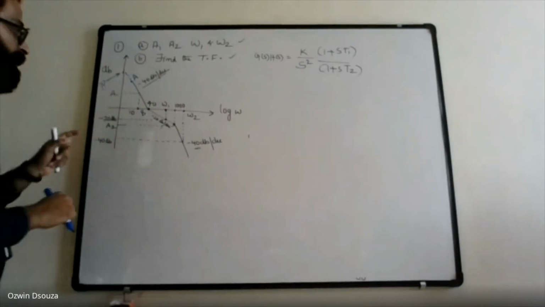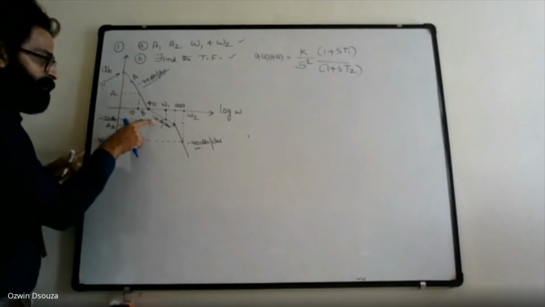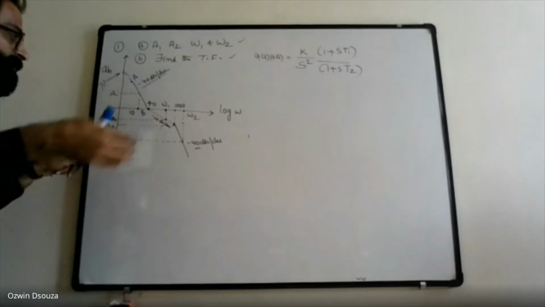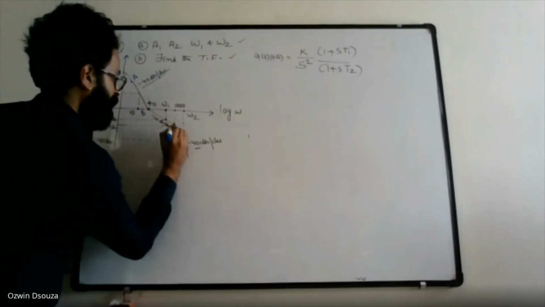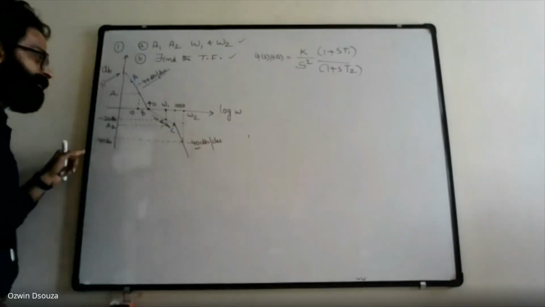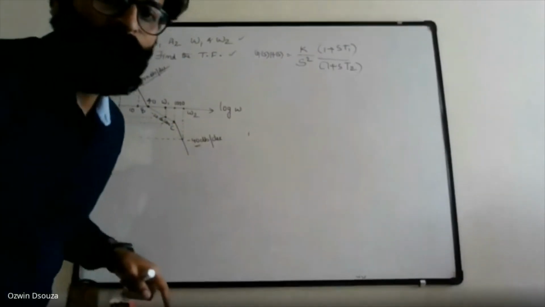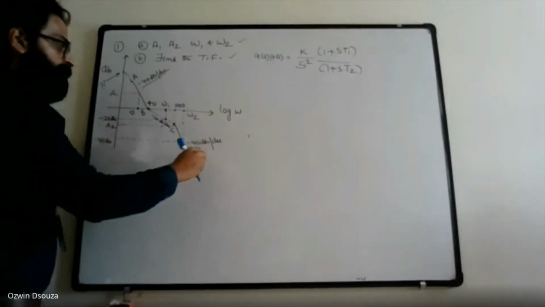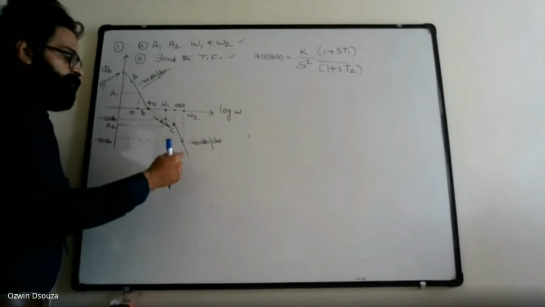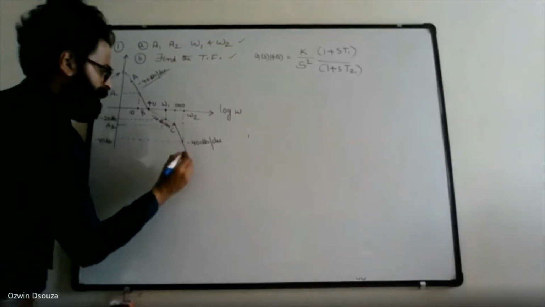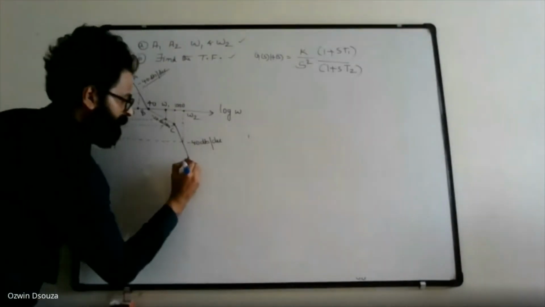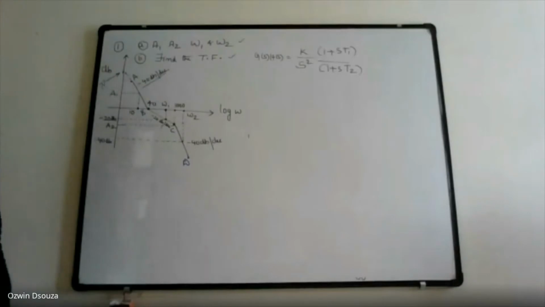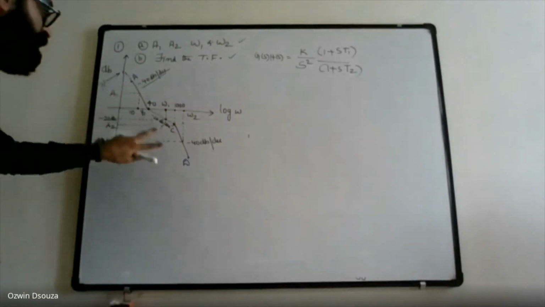Then I have a slope of minus 20 decibel per decade, which is a different line, so let us take that line as BC. And you have the third slope whose value is minus 40 decibel per decade, so let's take that line as CD. So what we have done is split our Bode diagram into different lines: line AB, line BC, line CD.